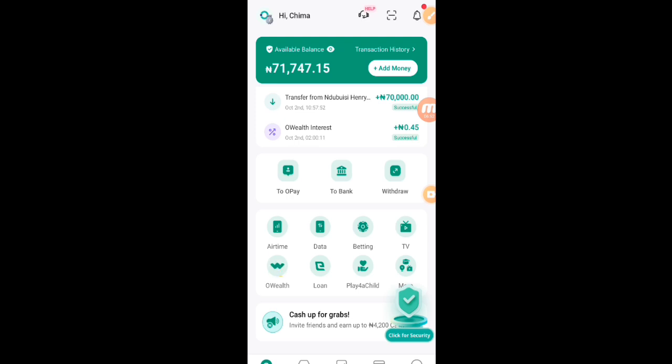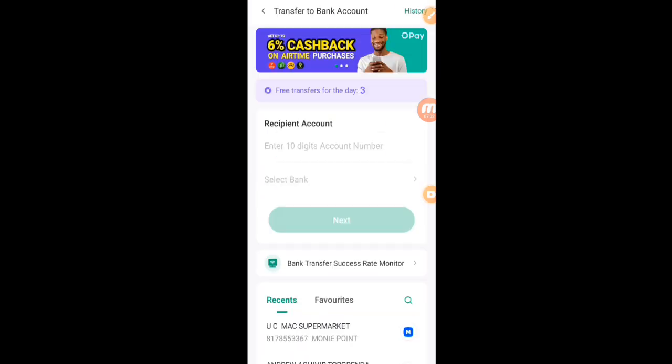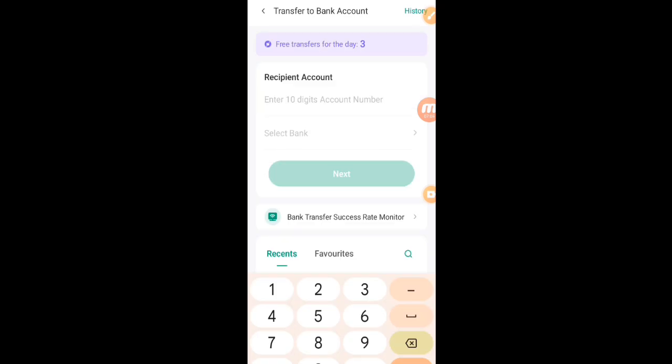Now I go over to my Palmpay I want to use to pay. Remember, I'm going to do this payment within 15 minutes. So don't waste time. Don't just do this and go to sleep. I click on bank. Now I'm going to type that account number here.